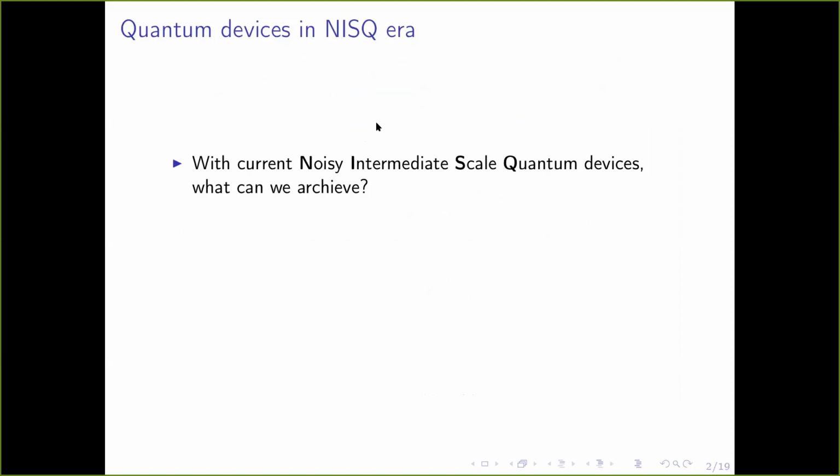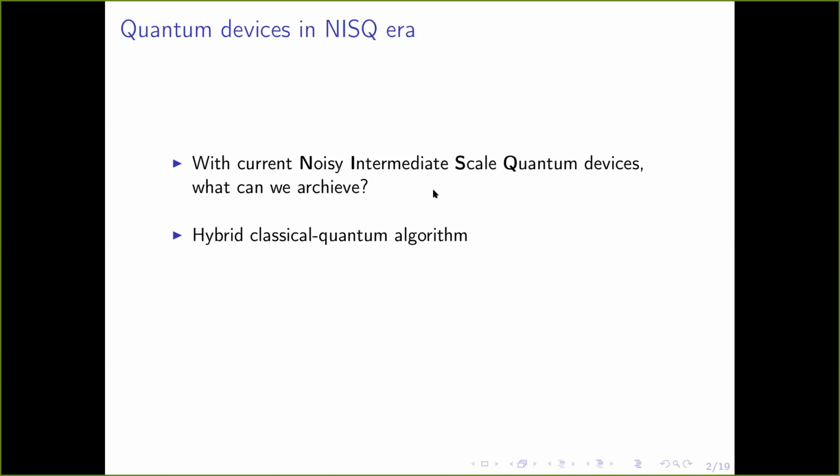First, we want to ask, in this so-called NISQ era, what can we do with the current noisy intermediate-scale quantum devices? One of the options is to implement hybrid classical-quantum algorithms.